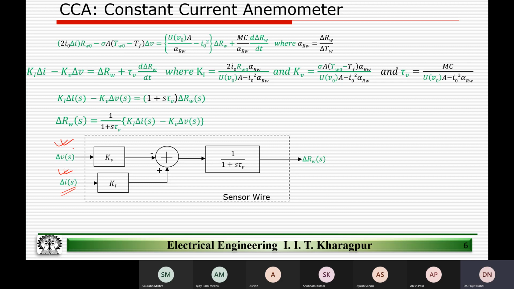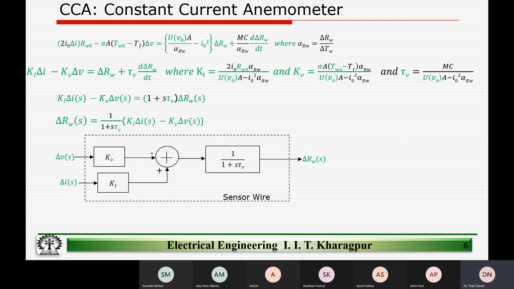So out of these two input variables, only one input is changing. I mean, only one signal we have, and based on that input signal, we will get a change in the resistor value. So if somehow we are able to measure the change in the resistor value, then we will get a measure of the velocity of the fluid.